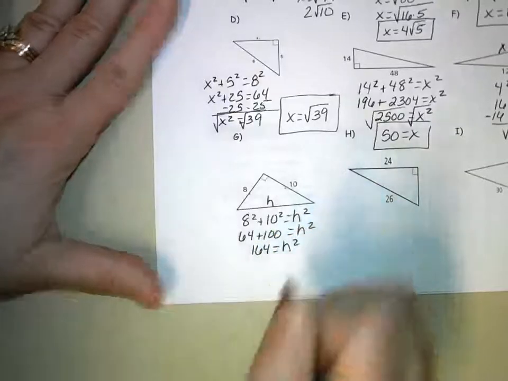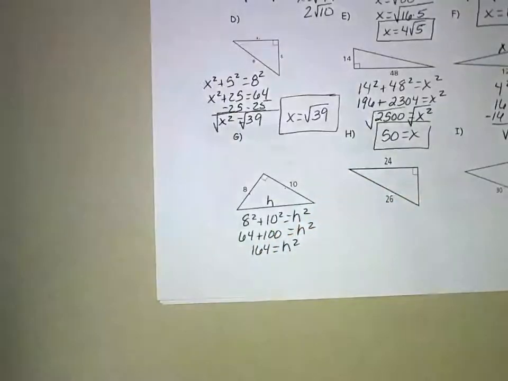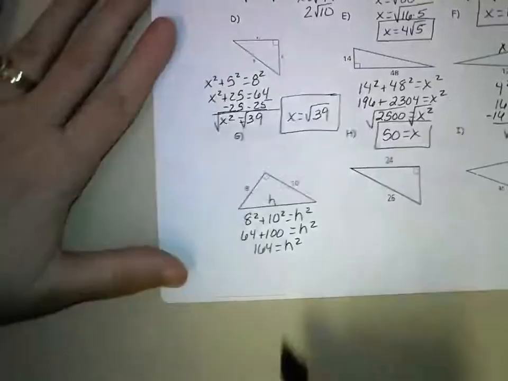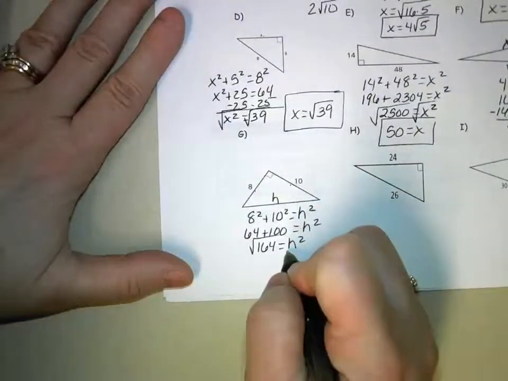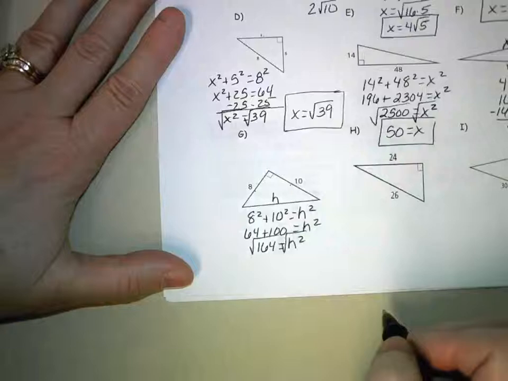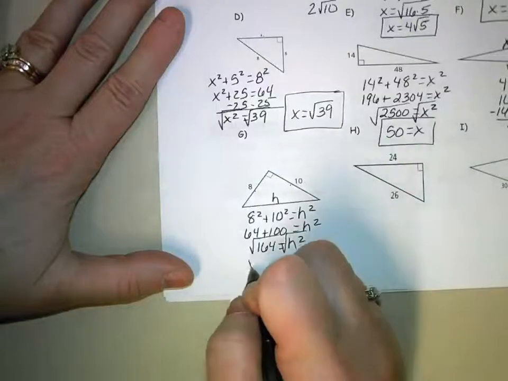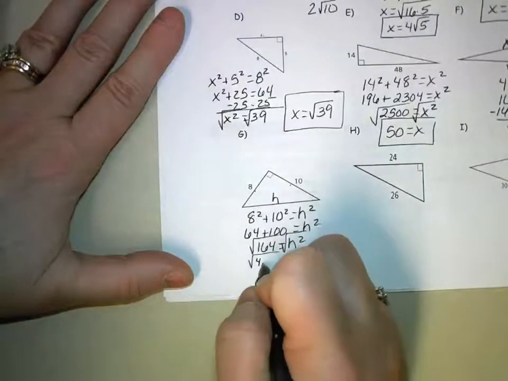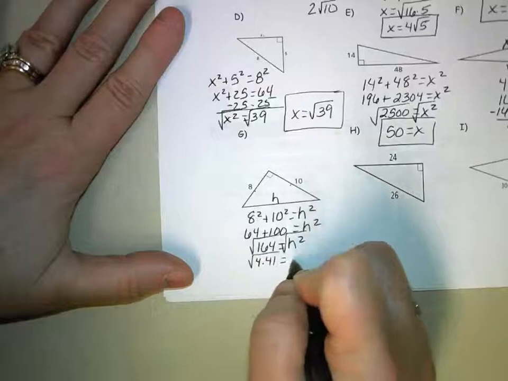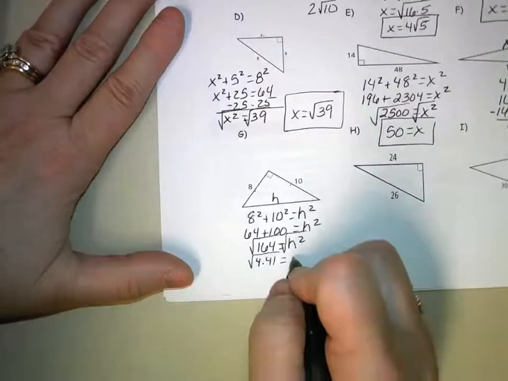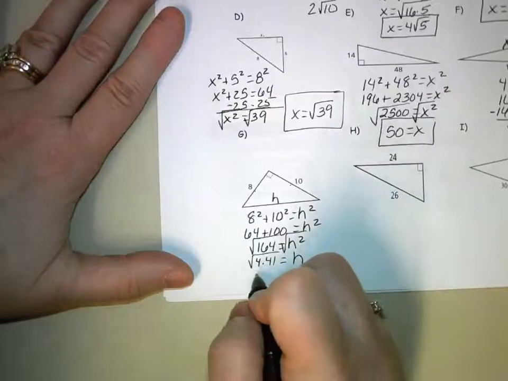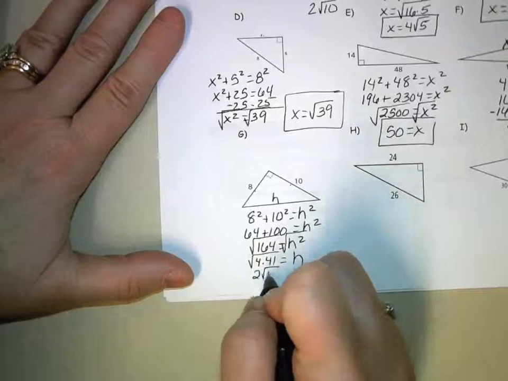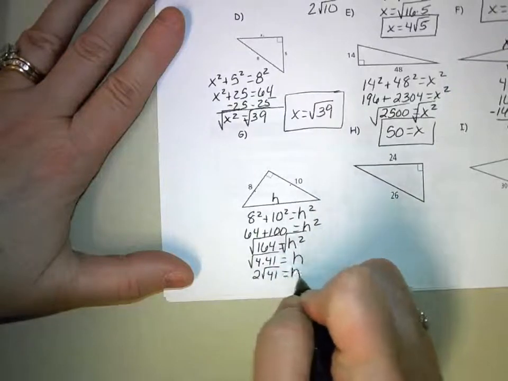So 164 equals h squared. And when you square root both sides, that will become the square root of 4 times 41. And the square root of 4 is 2, so the answer is 2 times the square root of 41.